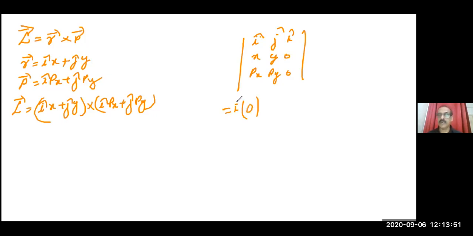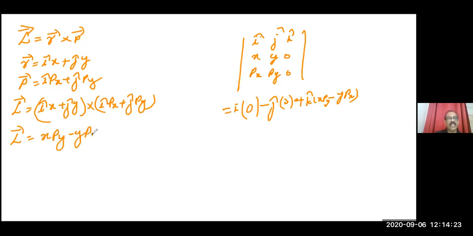Minus J into, that is again 0. Third is plus K into X into Py minus Y into Px. Substituting, vector L is equal to (X Py minus Y Px) into K.